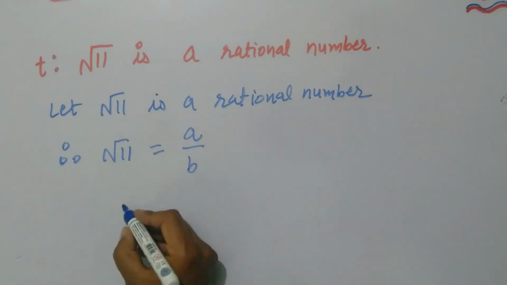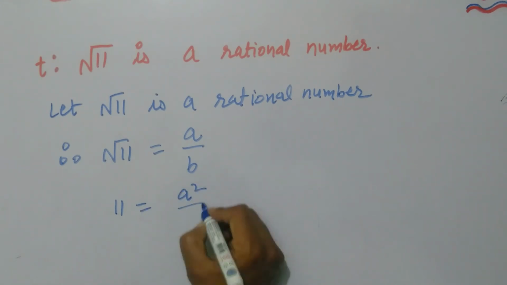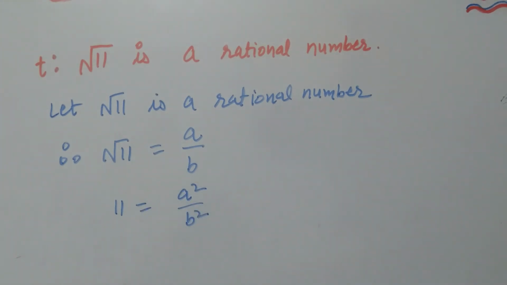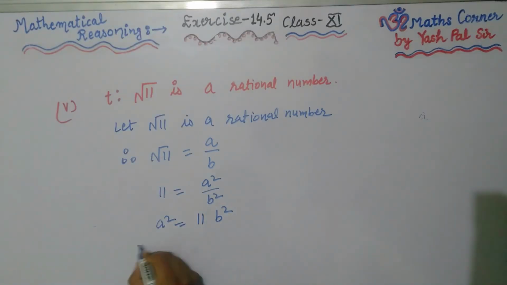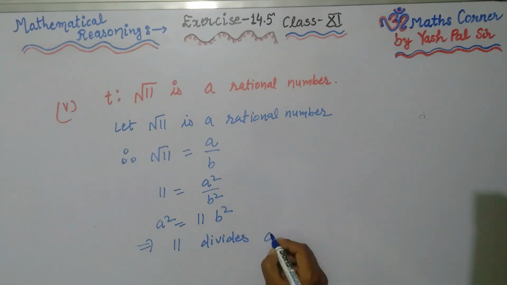Now squaring both sides, what happens? 11 is equal to a square upon b square. Again this becomes a square is equal to 11 into b square, right? This means 11 divides a.